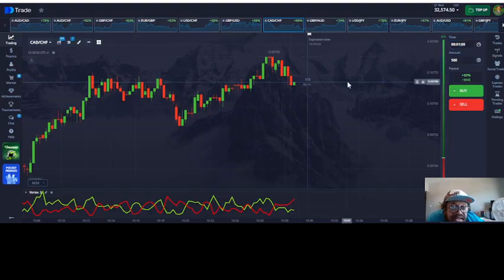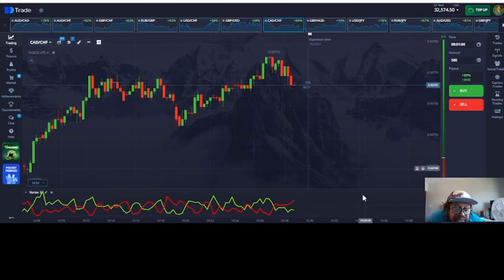So I'm going to be taking fast 60-second trades while looking at these 15-second Japanese candles. Okay, so what I'm going to do now is pause the video and look for some trade setups.